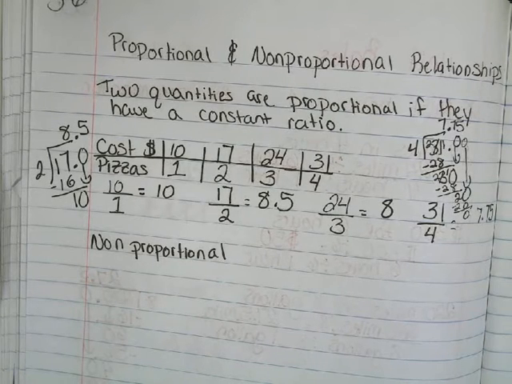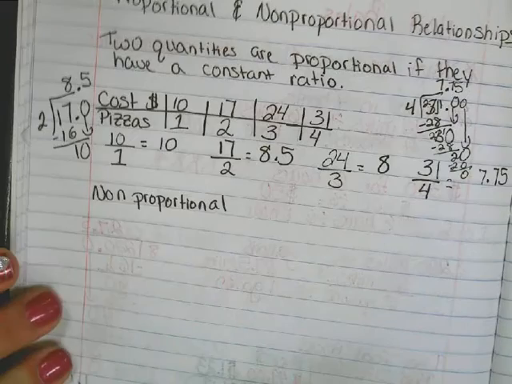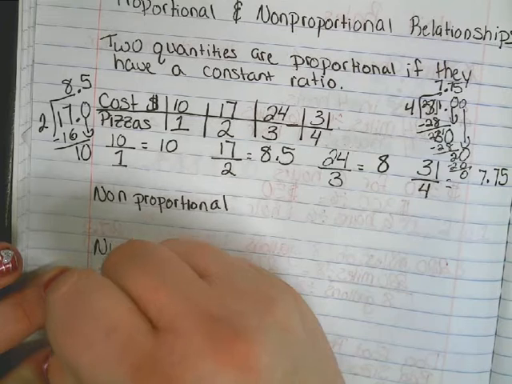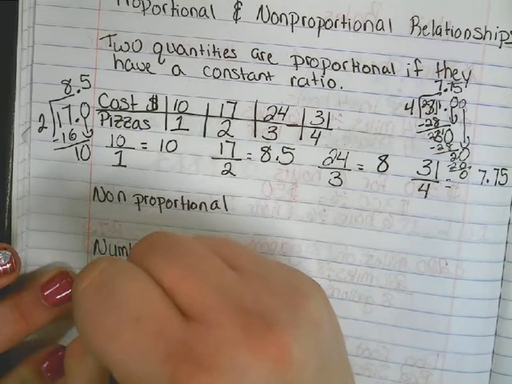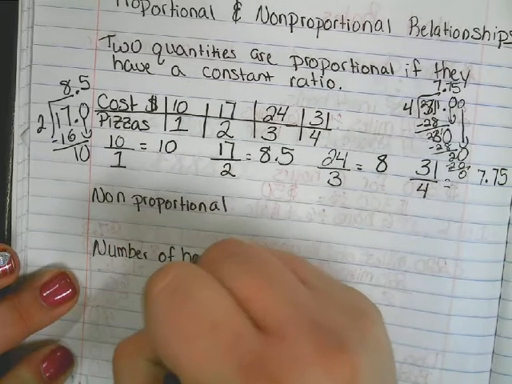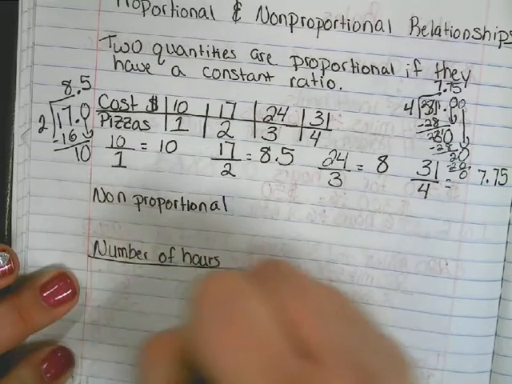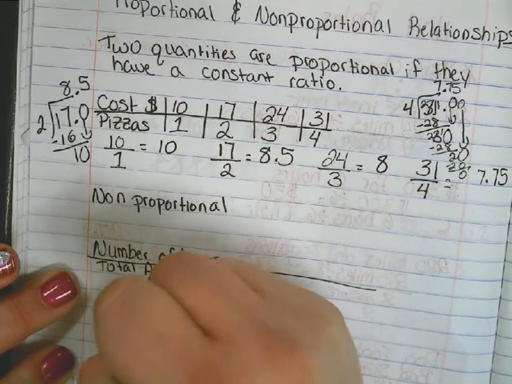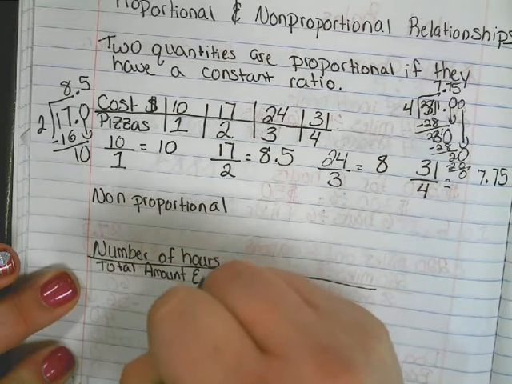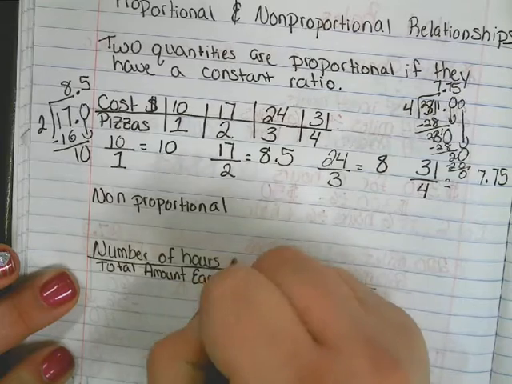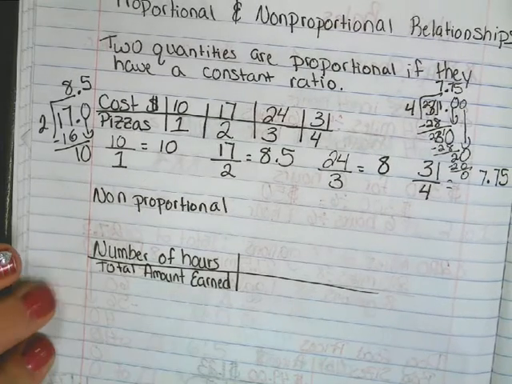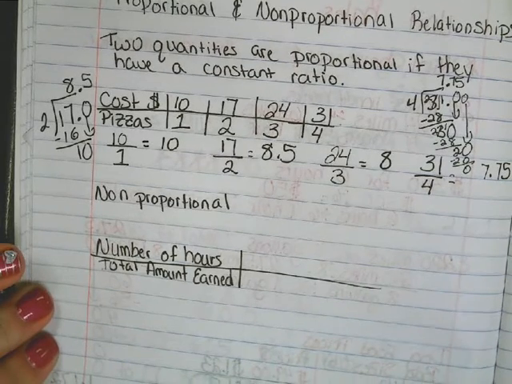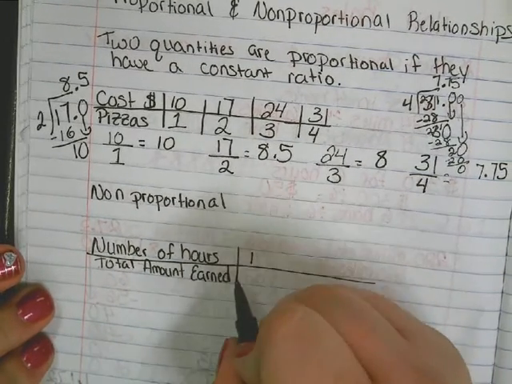Alright, so let's look at another one. Now we're looking at somebody working a job, so we're looking at their number of hours worked and the total amount earned. If they work 1 hour, they make $15.